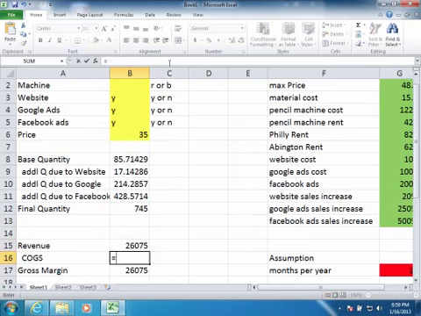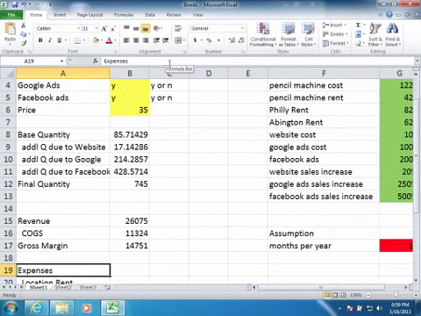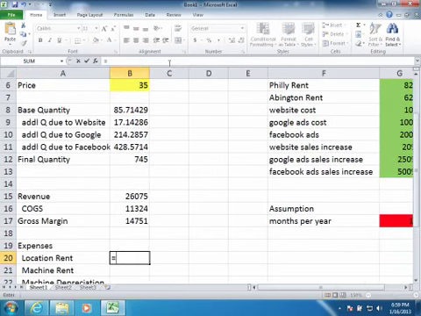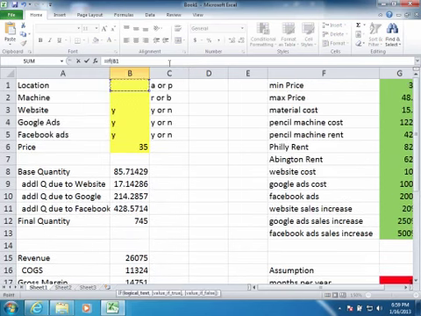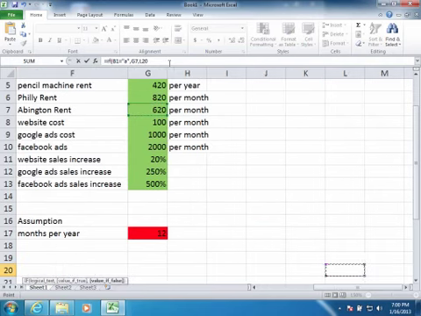Cost of goods sold is quantity times material cost. Location rent equals if location is equal to A for Abington, then the location rent would be the Abington rent, else it's the Philly rent.